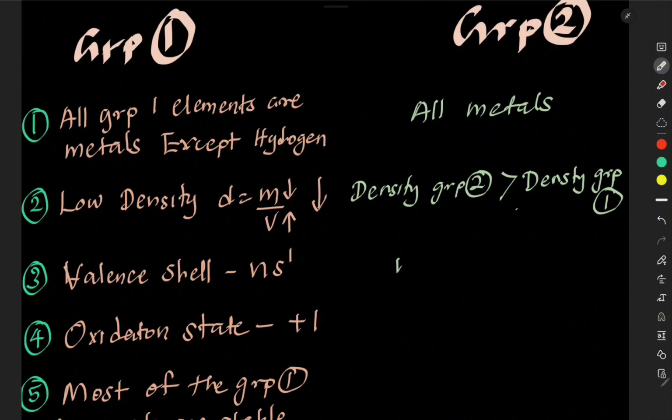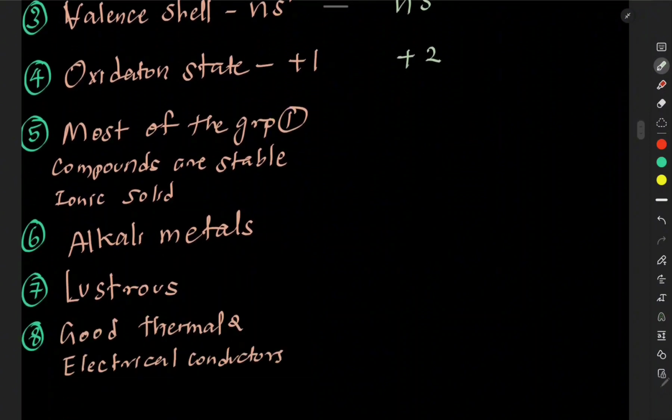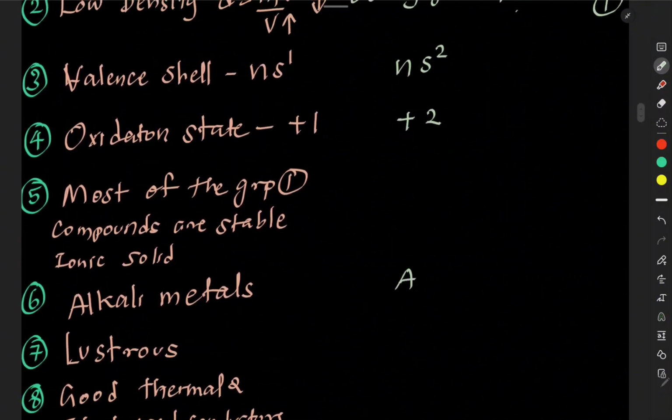And the valence shell is ns2, and the oxidation state is +2. And they are called alkaline earth metals.